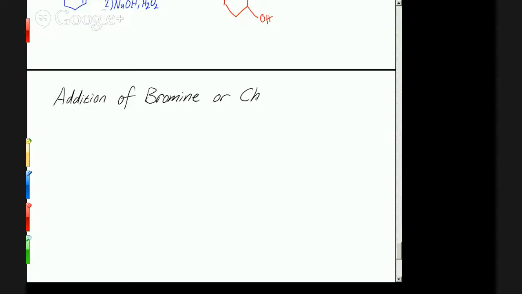Addition of bromine or chlorine. Now, when we talk about it, we're talking about elemental bromine or chlorine, so that would be Br2 or Cl2.